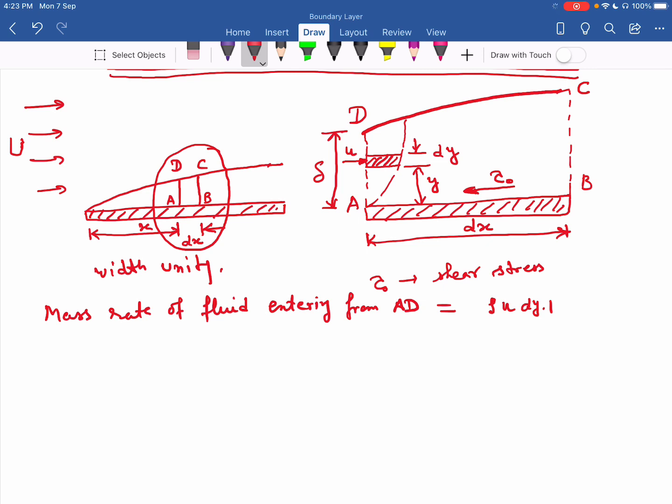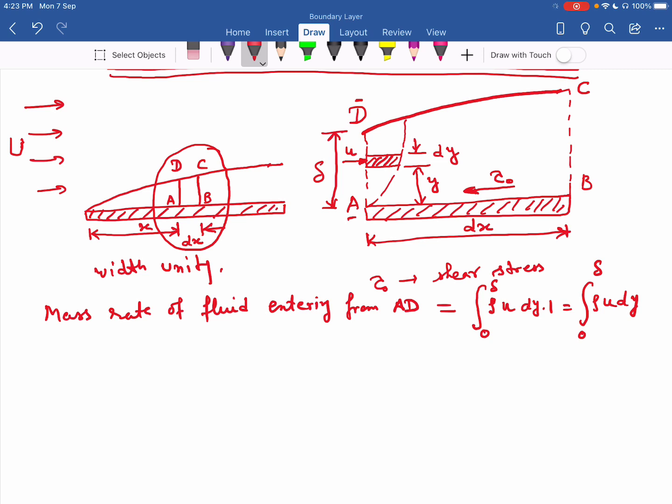Through the total AD, A to D, it becomes the integration of this when y varies from 0 to delta. So you can simply write integration of rho u dy from 0 to delta. This is the mass rate of fluid entering through AD.